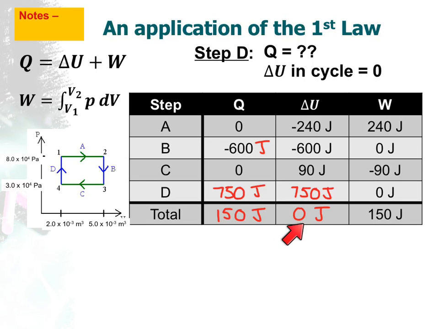Q equals delta U plus W. Okay, interesting. So not only does this work for a single step, but this works for entire thermal cycles, where you're starting here and you're coming back around to where you started off. Interesting. All right.